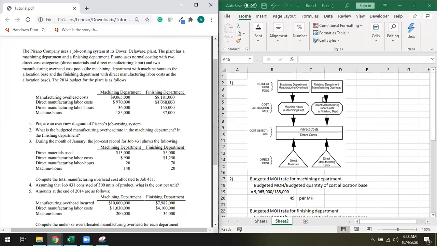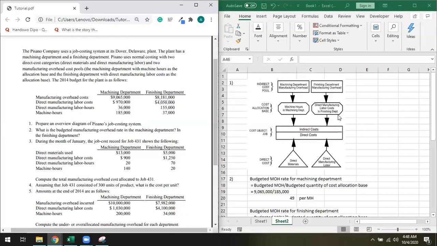While for finishing department, maybe it used more direct labor than machine to finish the packaging of the product or just finish the product itself. So therefore, it is more logical to use direct manufacturing labor cost as the cost allocation base to calculate the total manufacturing overhead cost allocated.